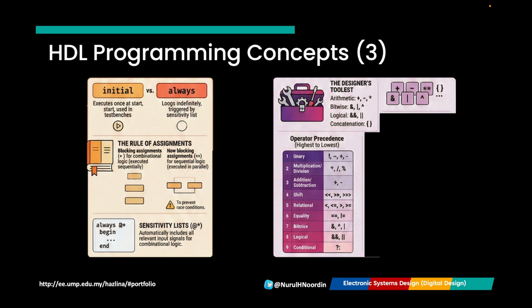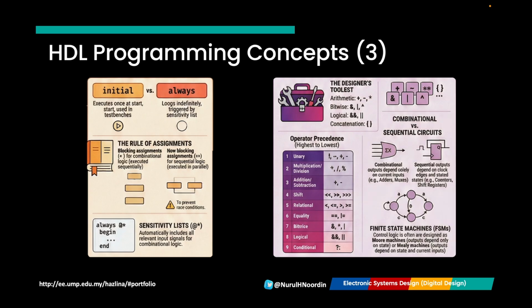We have the relational and equality operators, which evaluate conditions, returning the value true or false. There are also shift operators, which move bits left or right, and concatenation combines multiple smaller signals into a larger bus. There is also the conditional operator, which acts as a simplified if-else routing structure, commonly inferring a multiplexer.